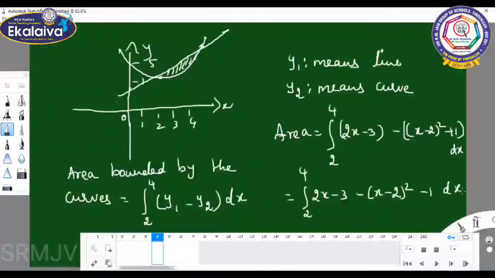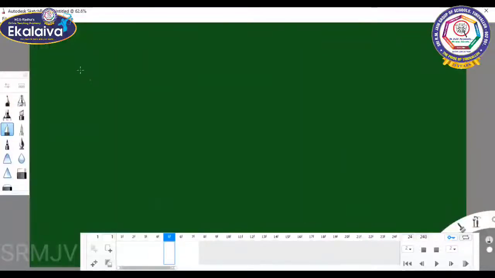So the next step, integral 2 to 4, (2x minus 4) minus (x minus 2) the whole square into dx.